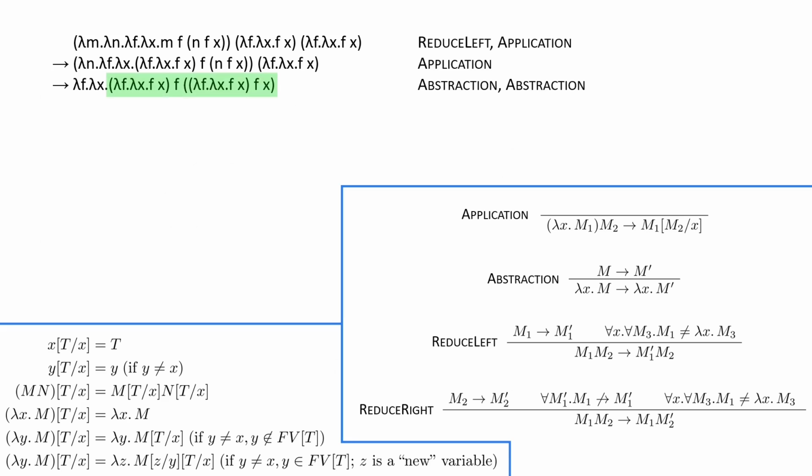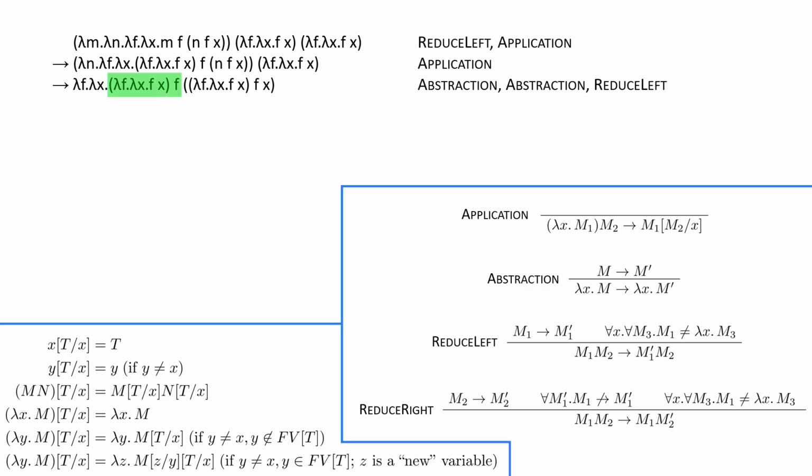Now we have an application in which the rator is an application, and the rand is also an application. That means the rator is reducible, so we use the reduce left rule. The rand is also reducible, but the reduce right rule explicitly forbids the case when the rator is reducible, so we can only use reduce left.